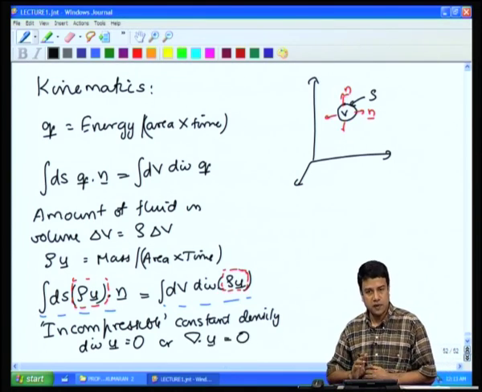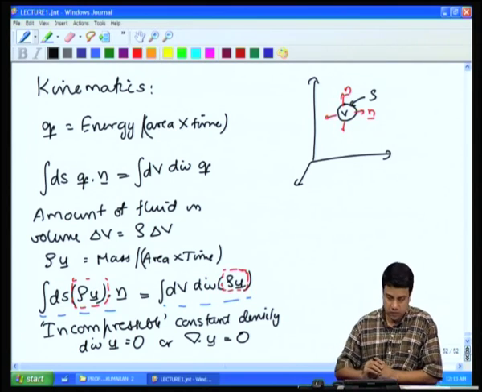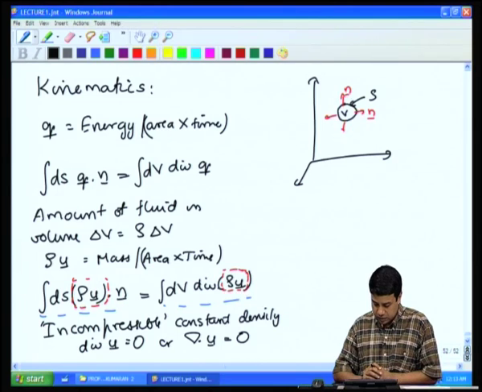For an incompressible fluid, if there are no sources of mass anywhere within the volume, that means that the divergence of u has to be equal to 0. So, let us look at what the divergence means.